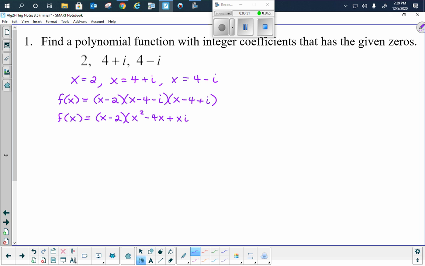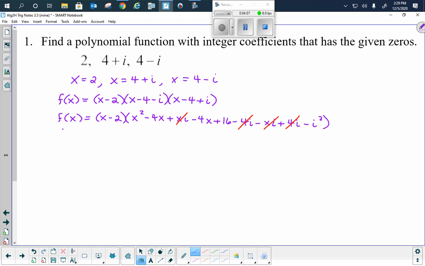Distributing the negative 4 would give me negative 4x plus 16 minus 4i. And distributing the negative i would give me minus xi plus 4i and minus i squared. Okay, be careful to get rid of some of the things that match with opposite signs. Looks like I've got a negative 4i and a positive 4i.